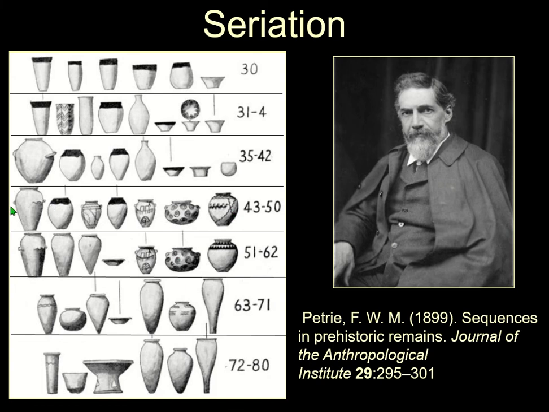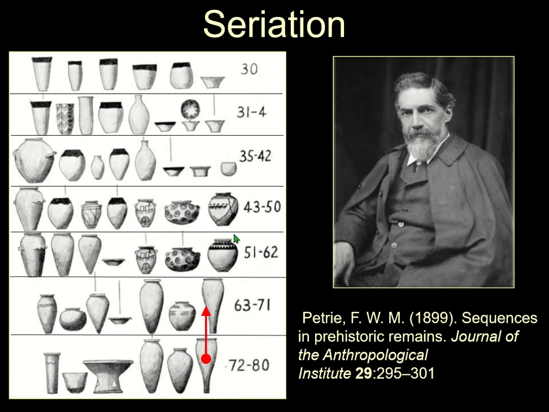So what he did was he had assemblages in these tombs. He would put little drawings on strips of paper and then arrange them, because he had this idea that it's possible that some types of pottery will be found in more than one, and other types of pottery might be found in this one and that one. So he must have thought, I wonder if this creates a sequence.